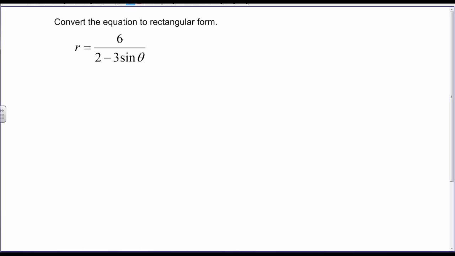Now, keep in mind, if I'm going to make this a rectangular problem, I need to express r's and thetas in terms of x's and y's. And I know that r is equal to the square root of x squared plus y squared, and I also know that theta is equal to the arctan of y over x.